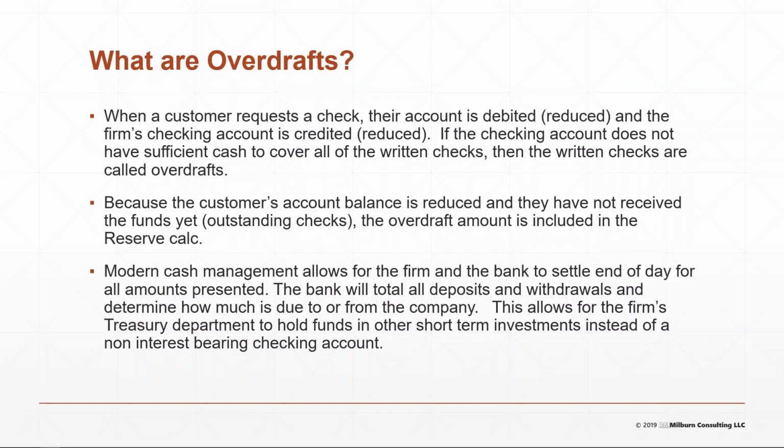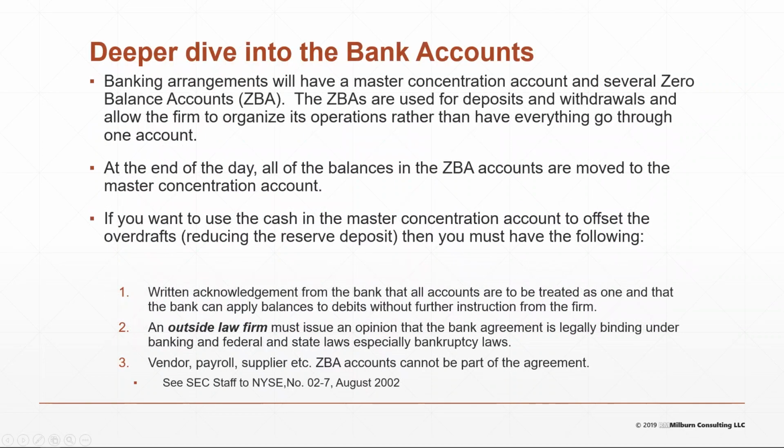This is a bank management or treasury management technique that you'll find most firms are making use of now. And so what's happening there is that you can have a master concentration account and several zero balance accounts associated with it. This allows the firm to make use of or coordinate its business.